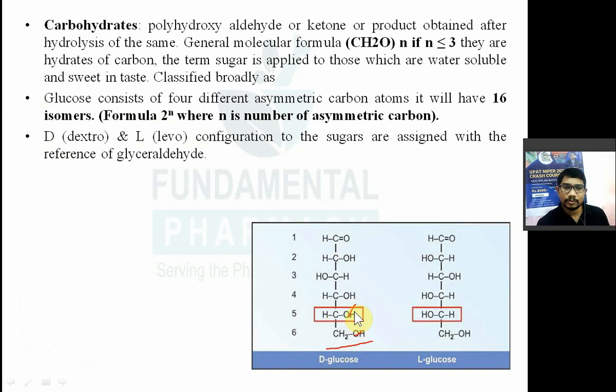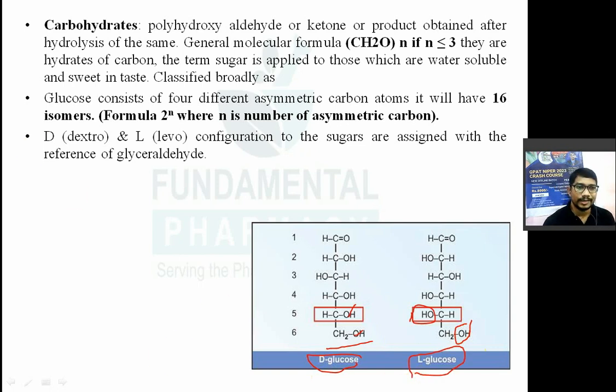So if the hydroxyl group on carbon number 5 is on the same side, or on the right side, that is known as dextro and denoted as D glucose. Now if that hydroxyl group is on the left side, or on the opposite side to that of the terminal alcohol group, it is known as L or levo. Okay, L glucose. I will explain this again, don't worry.